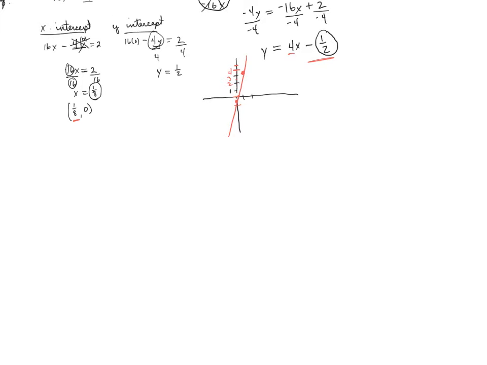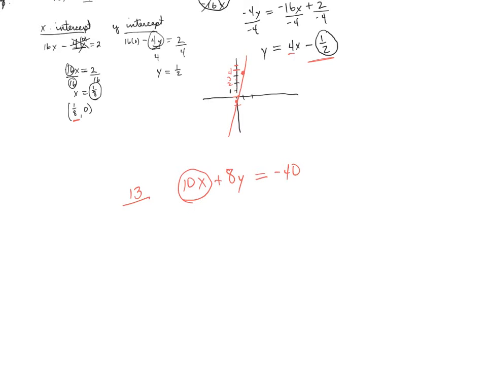I'm going to do 13 so you can see it real quick. And I'm just going to get you started. I'm not going to do the whole thing. 10x plus 8y equals negative 40.